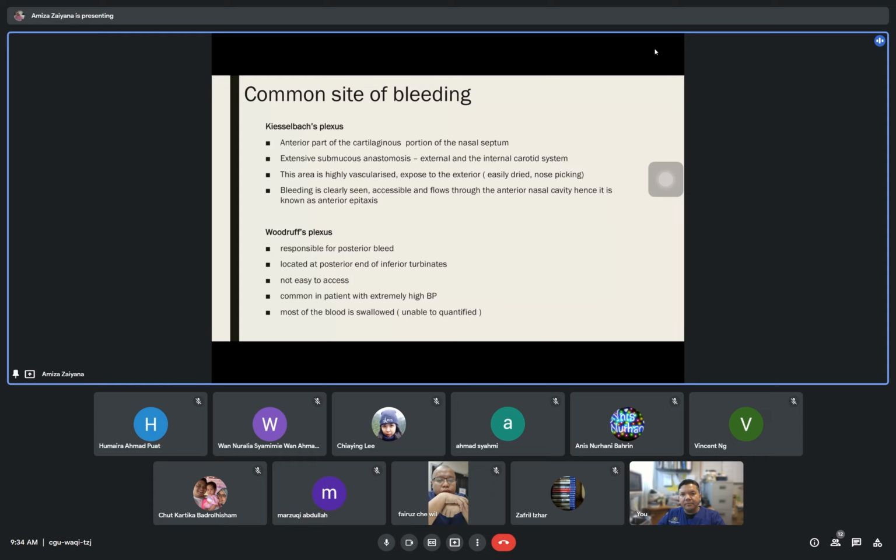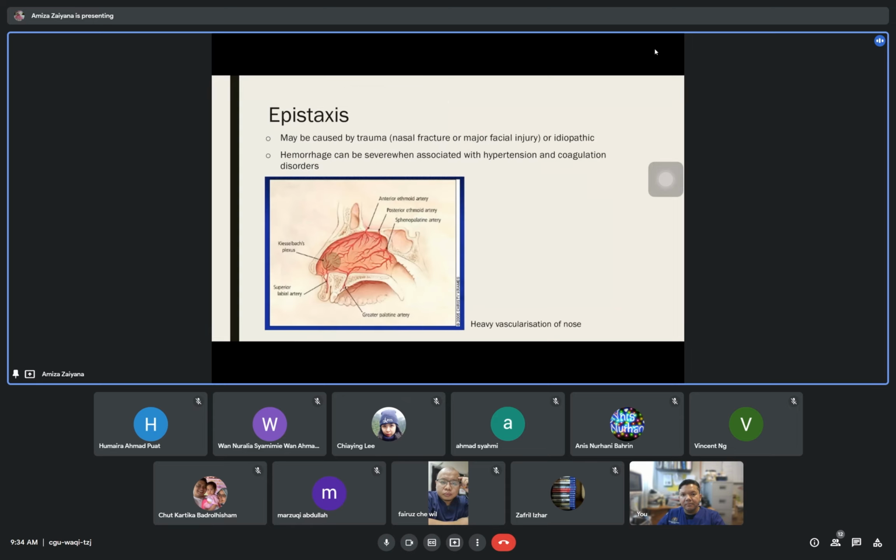This area is very highly vascularized and exposed to the exterior, so it easily dries, and nose picking can also cause bleeding. The bleeding is clearly seen, accessible, and flows through the anterior nasal cavity, hence it is known as anterior epistaxis. Kiesselbach is the small round area in the picture, right at the front of the nose.